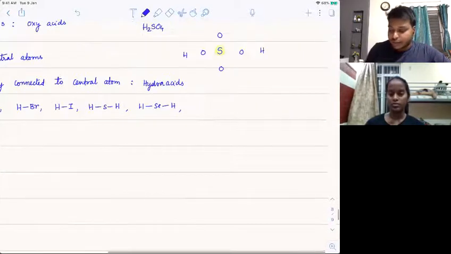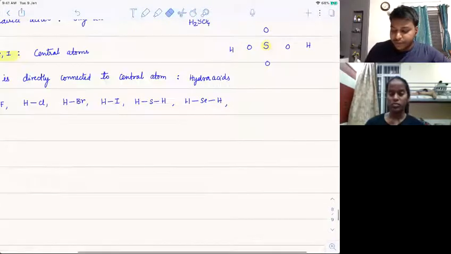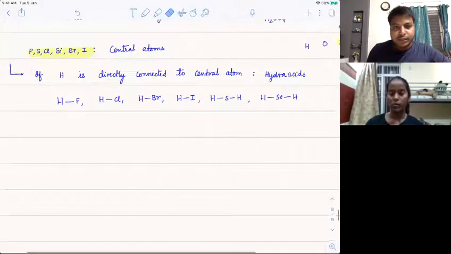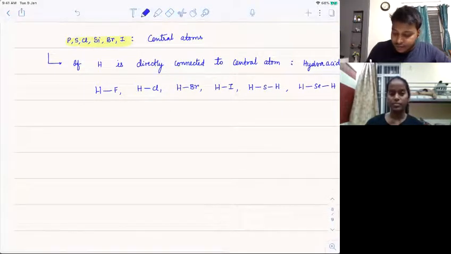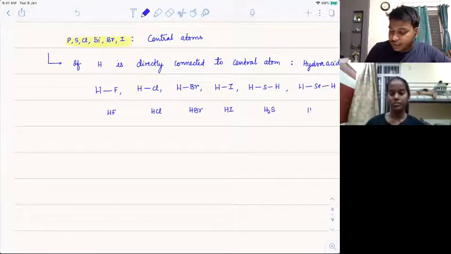Well, we have a lot of examples. I'm just stopping it. So if you write these as molecules, what are they? They are HF, HCl, HBr, HI, H2S, and H2Se.